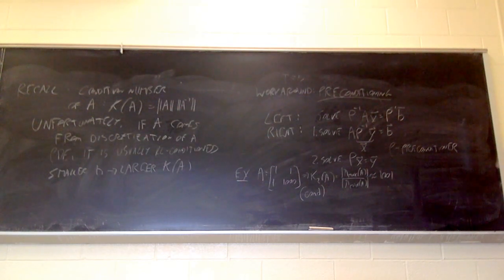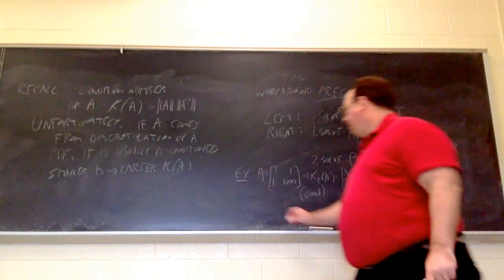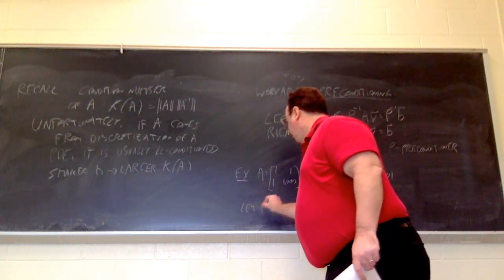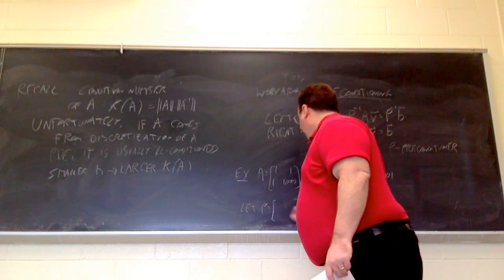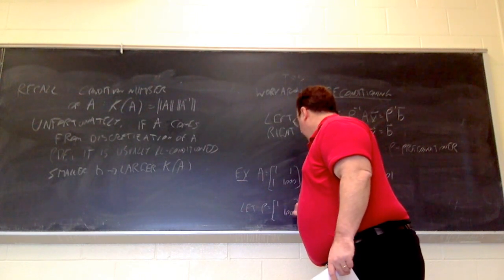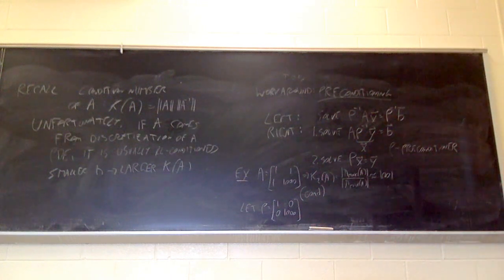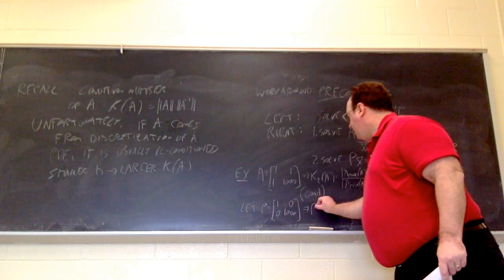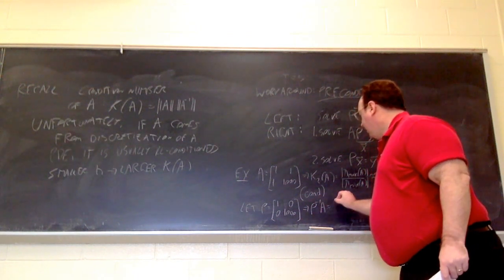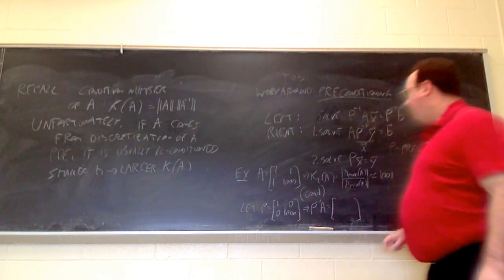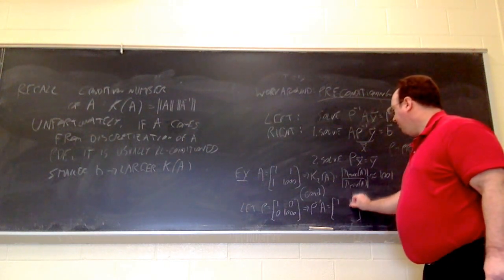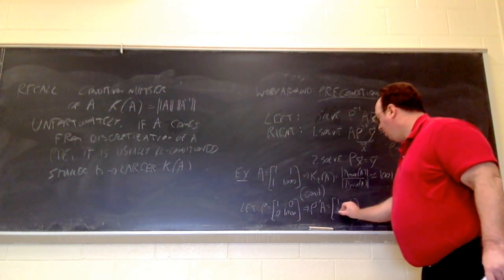So one thing you can do is choose as a preconditioner just the diagonal of A. And one reason this is a good choice is it's trivial to invert a diagonal matrix. So then P inverse A would be 1, 1, and then 1 over 1,000.